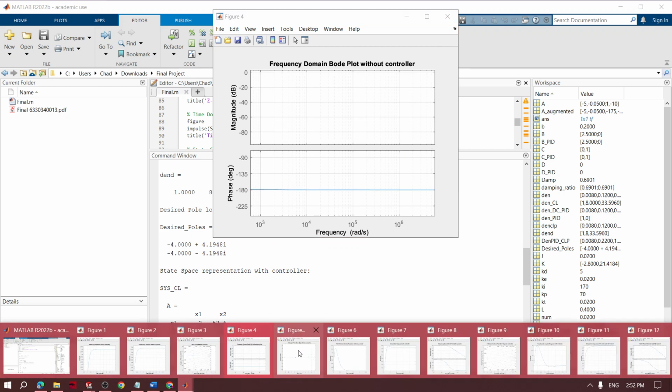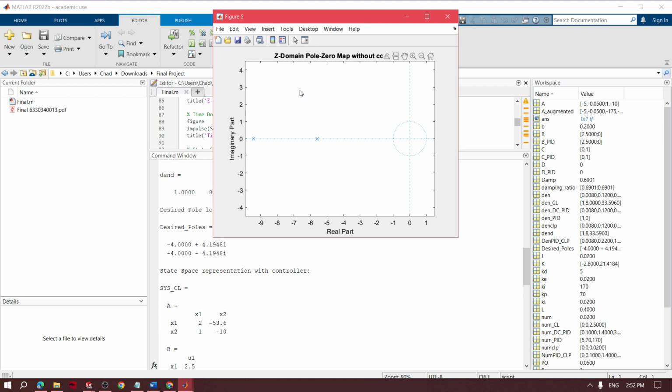For the fifth, it is the Z domain pole. The real part is -10 to -8, and the imaginary part is 0. And the second one is between -6 and -4.